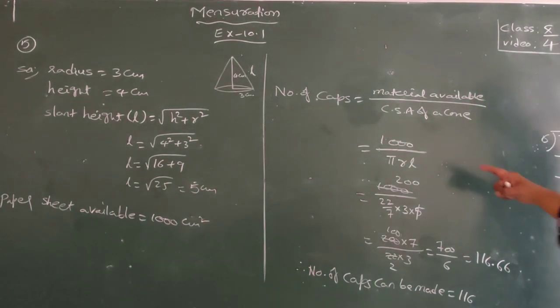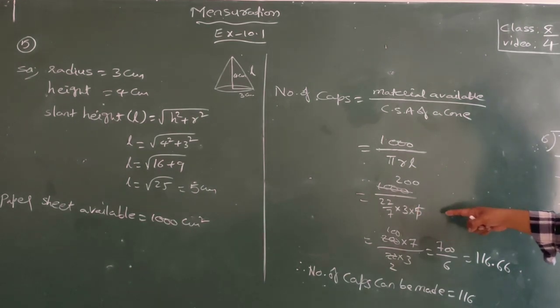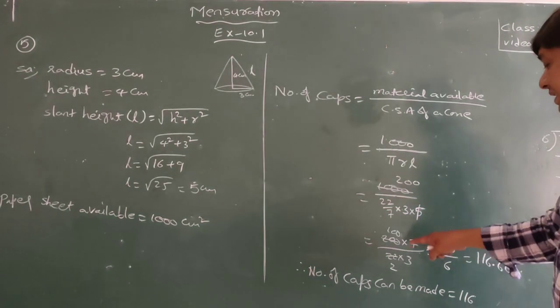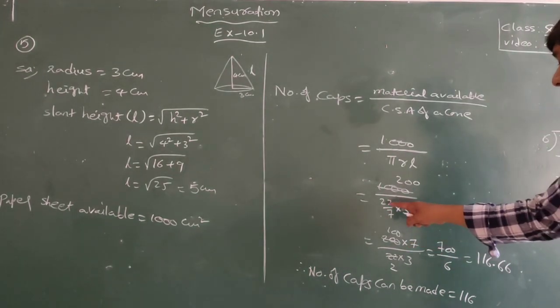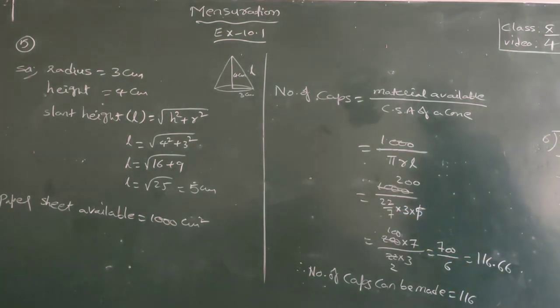CSA of a cone is pi r L formula. 1000 by 22 by 7 into 3 into L is 5. 5 ones are 5, 200s are 22 by 7 into 3 here. So this 7 will come in the numerator. 200 into 7 by 22 into 3. Yes, there is a calculation mistake, sir.